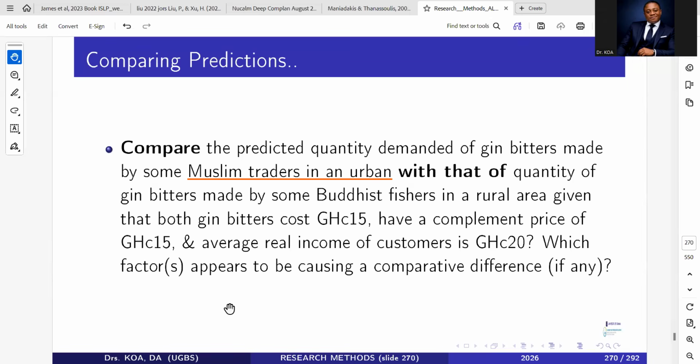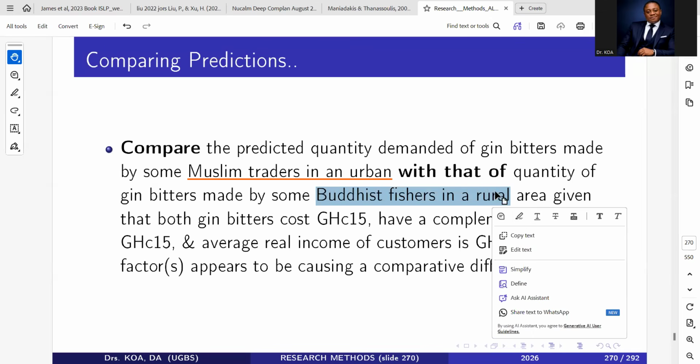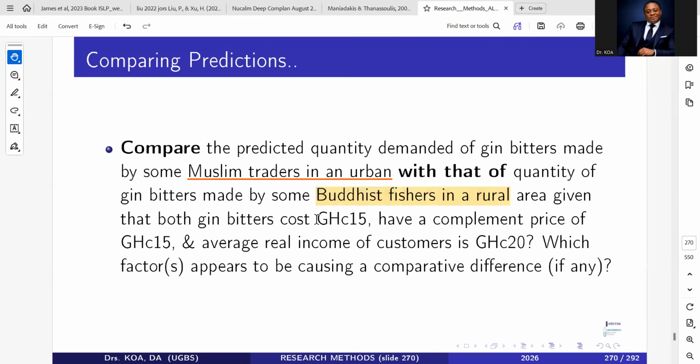So this quantity demanded is made by Muslim traders in an urban area. Let's compare that with another quantity demanded of gym bitters, which is rather made by Buddhist fishers in a rural area.